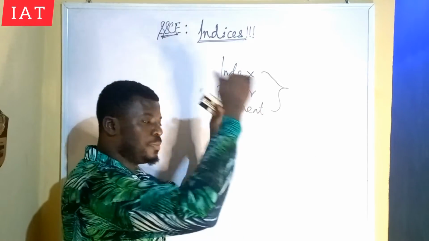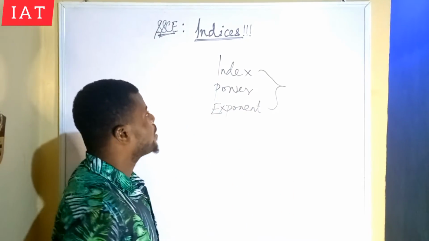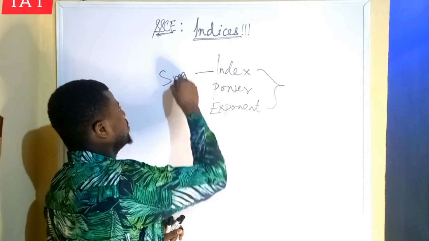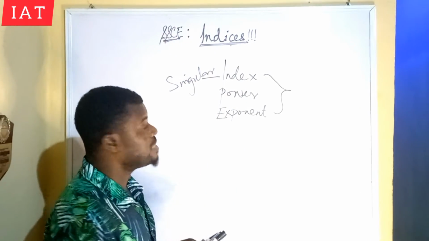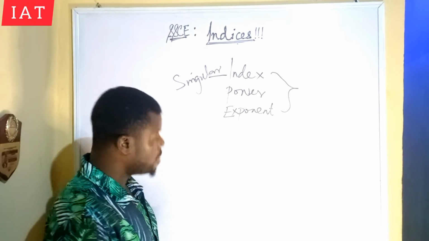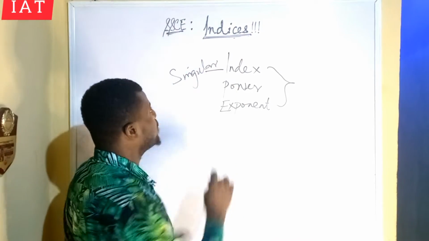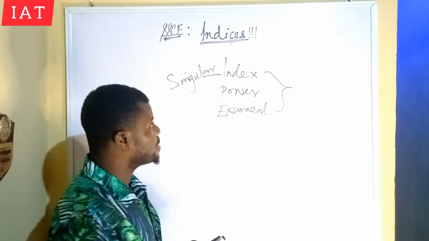Power is talking about something on top. Exponent, they have the same meaning. And index is a singular form of these indices. That means indices is in its plural form, whereas index is in its singular form. That does not change the meaning of indices and index.